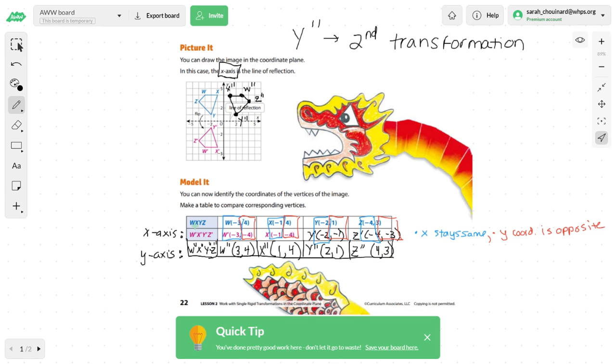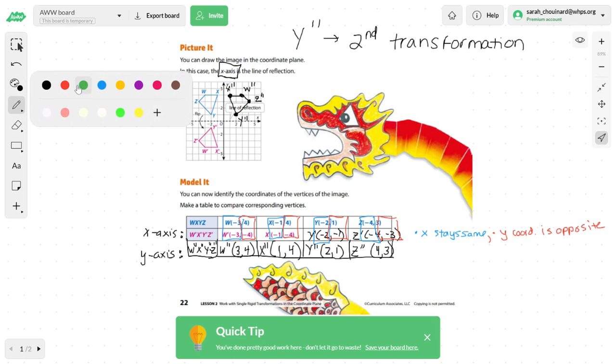Now we want to compare this to the original, the pre-image. So the x coordinate was negative 3, then it became positive 3. The y coordinate was 4, it stayed 4. The x coordinate was negative 1, it became positive 1. The y coordinate was 4, it stayed 4. Negative 2 became positive 2, 1 stayed 1. Negative 4, positive 4, 3 stayed 3.